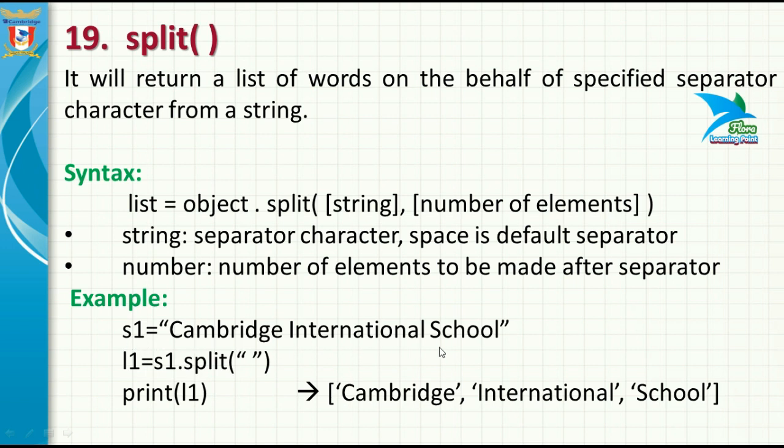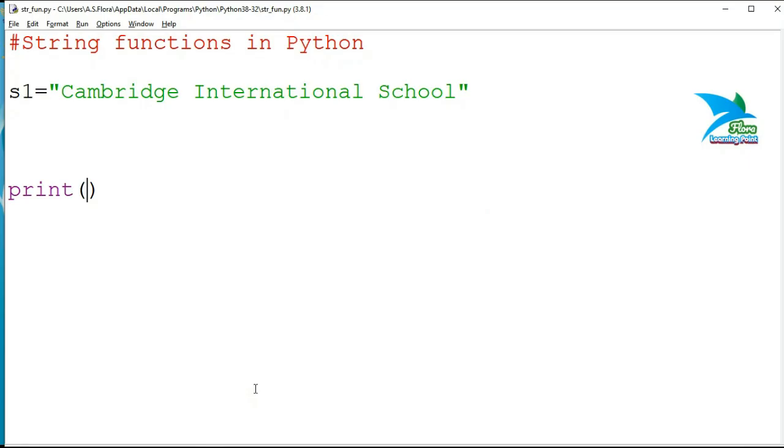So here we have a string, the value of s1 is Cambridge International School, and if you use the split function, then it will convert these elements into a list of items. So let me demonstrate how we can use it. So here we have s1, the value of s1 is Cambridge International School. I want to convert this value of a string into a list.